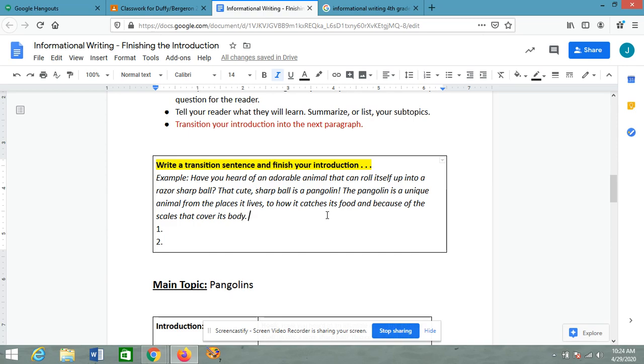Going back to what I was talking about, we could go back into the introduction we have so far, and we can find things that we already wrote about that we can bring back down to that transition sentence. So I could talk about the scales again because I said they were pretty sharp, and I mentioned that the scales cover its body.